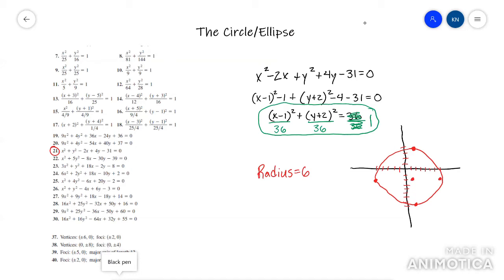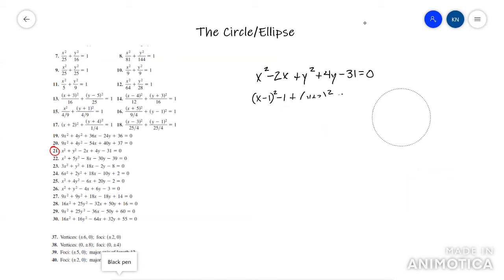The next one I'm going to do is number 19. Same thing.